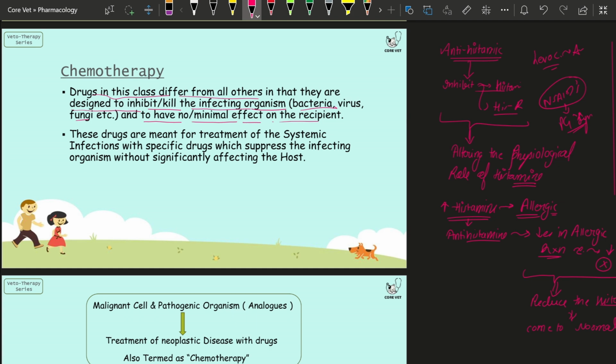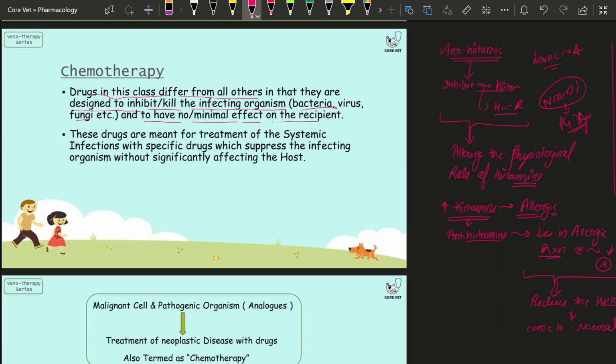But in general, every drug has a certain amount of adverse effect on the recipient. It's just a concern that we write in the definition that it should have no or minimum effect on the recipient. There are several adverse effects depending on the physiological condition of the organism also.